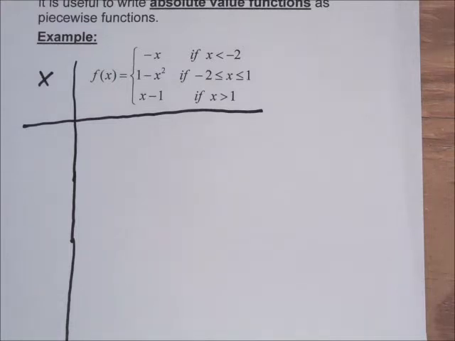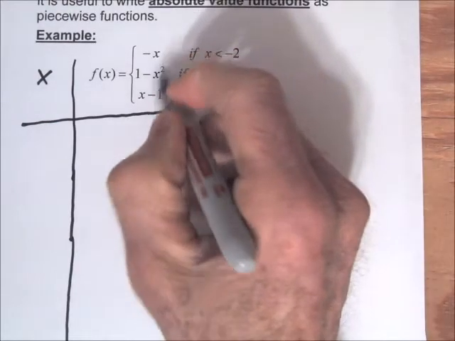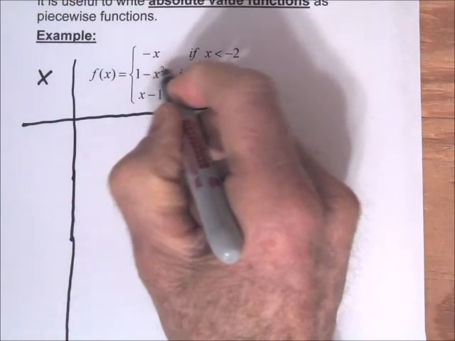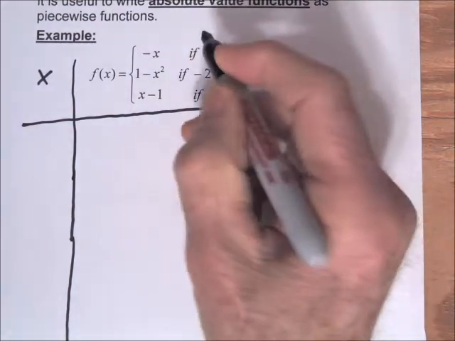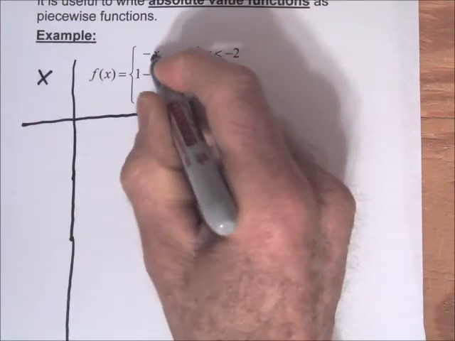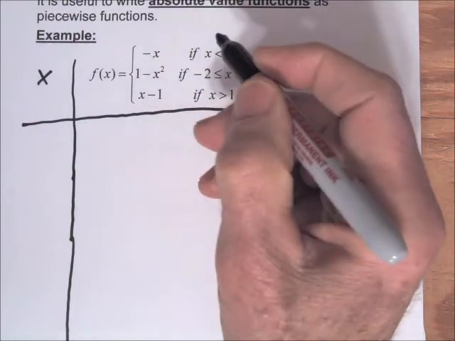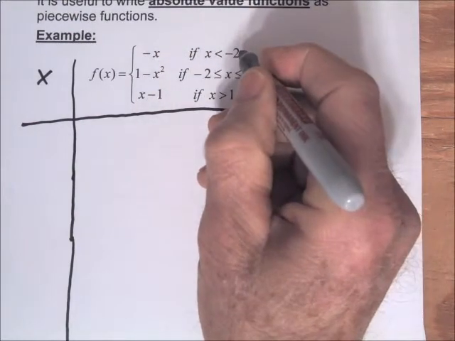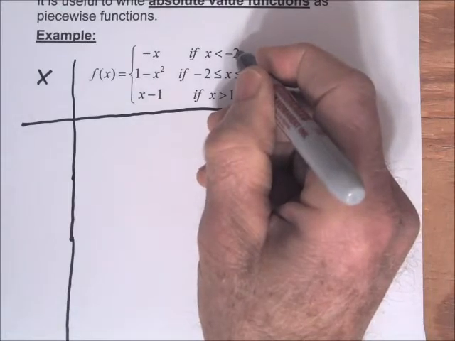Okay, so this function has 3 pieces. We have a straight line type piece and a quadratic parabola type piece. If we can recognize the shape from these formulas, we don't need a lot of points, but we need probably at least 2 points for each piece. It would be good to have.